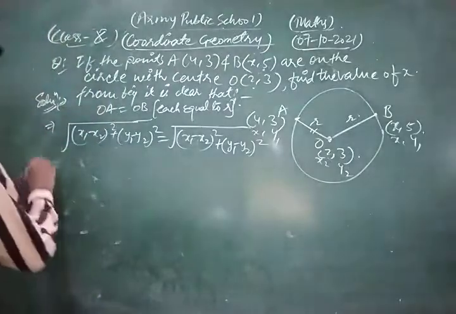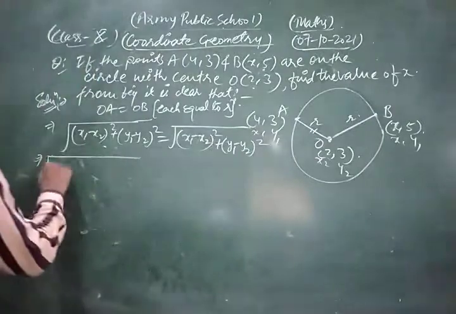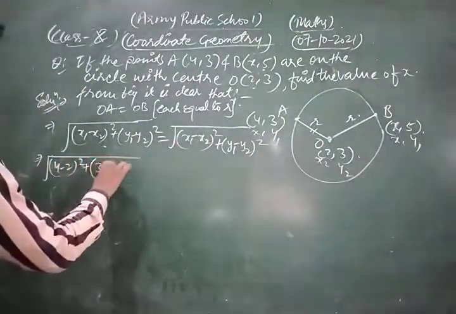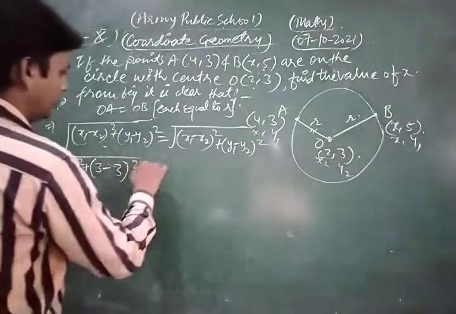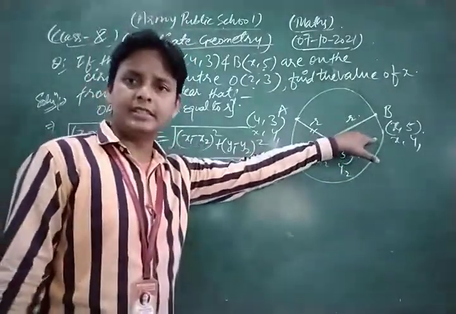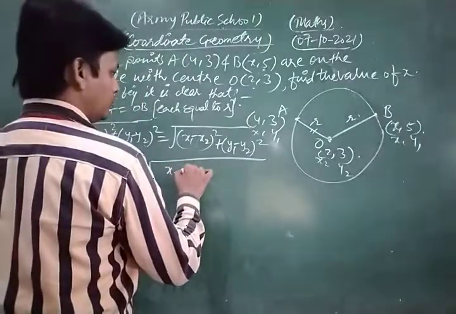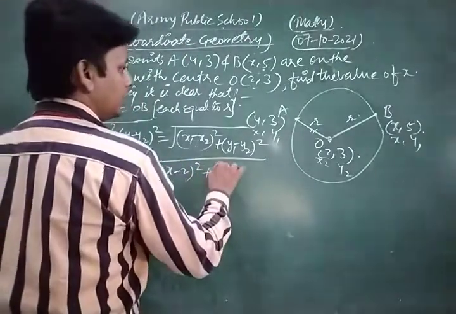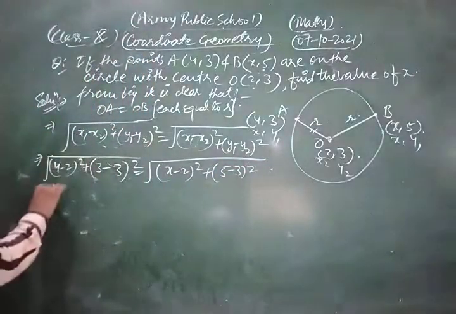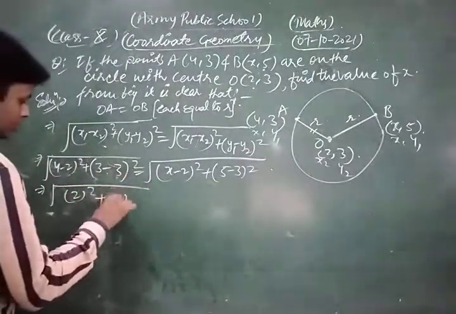Now here we put in the values. For OA, x1 is 4 minus 2 whole square plus y1 is 3 minus 3 whole square. Now for distance OB, dear students, we take x minus 2 whole square plus 5 minus 3 whole square. So we have 4 minus 2 square, and here this is 0 square.